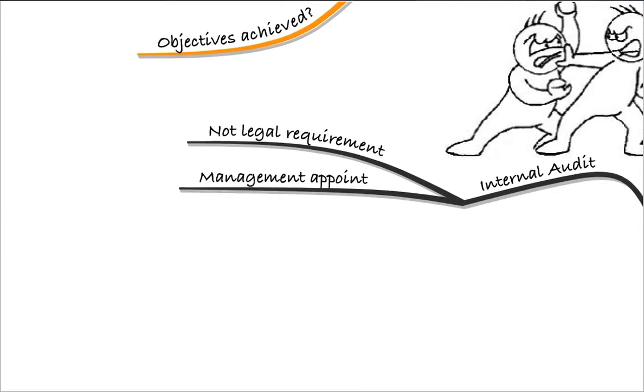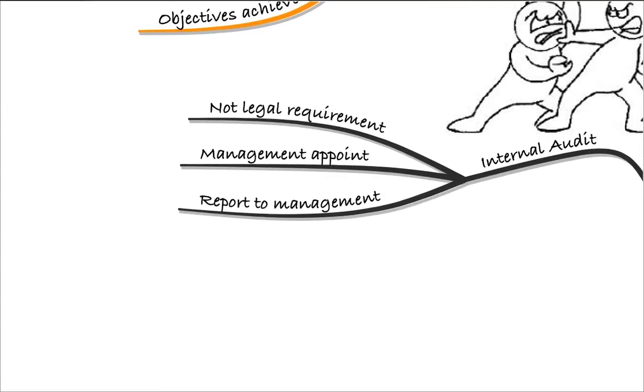It's also the case that the internal audit function is appointed by management, so that may be through the audit committee, but at the end of the day they are another department of the business, so management do appoint internal audit. The report that they carry out is to management.